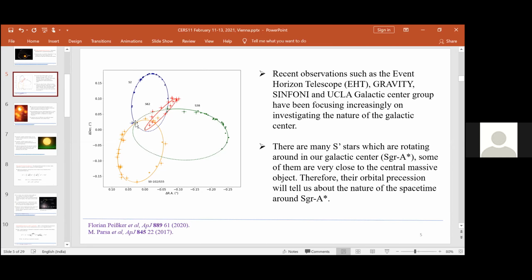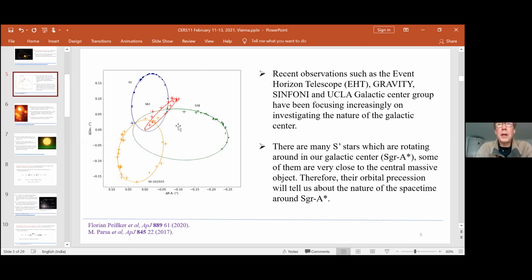So I mean to say that the available data of the S2 star is not sufficient to distinguish in which direction the next orbit will precess. So it is within the plus or minus error.